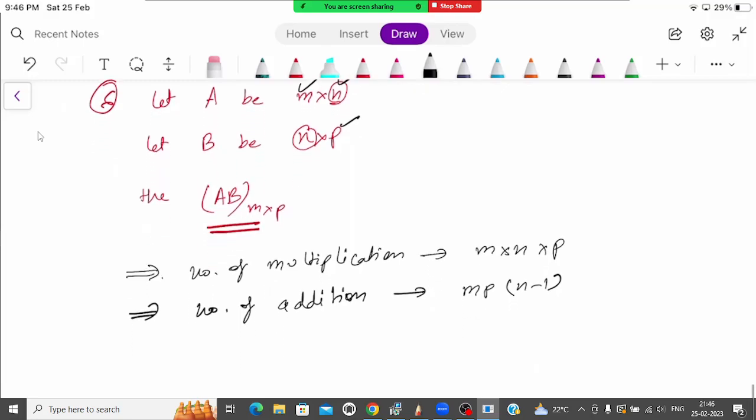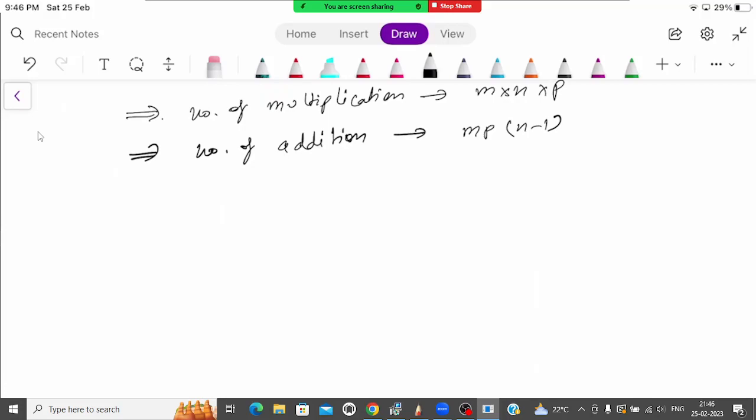So we'll see one example here. Suppose A matrix is a 3 cross 4 matrix and B matrix is a 4 cross 5 matrix. We want to know the number of multiplications and the number of additions involved.